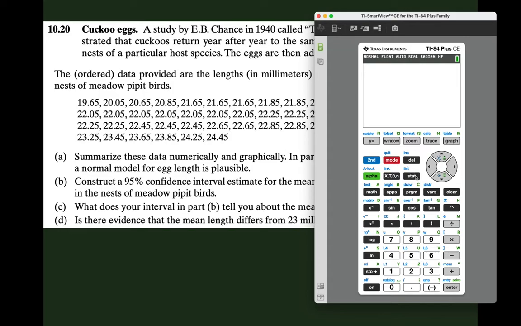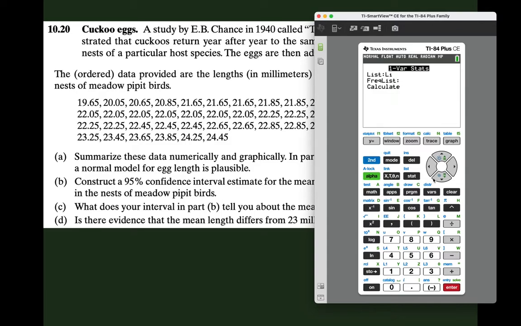So this is the first thing I'm going to do. On the calculator, to summarize the data numerically, we use something called 1-Var Stats. To find this command on the calculator, just press stat and then scroll to calc and choose number 1.